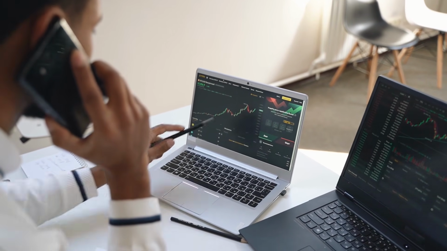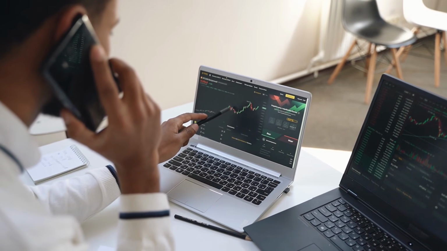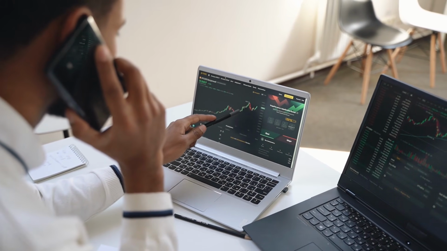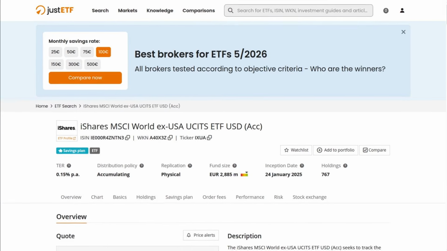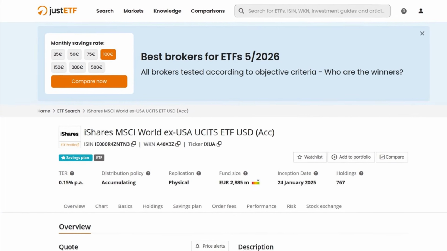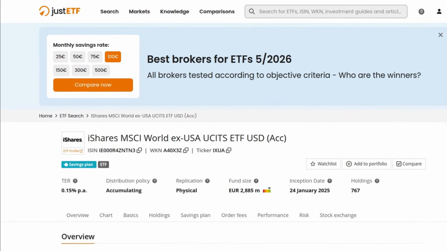This raises a big question for me. Why would you choose a dividend ETF for that? In that scenario, it makes way more sense to simply go with a standard accumulating MSCI World ETF. And if you want to avoid investing in the US for whatever reason, there are plenty of ex-US World ETFs available on the market.